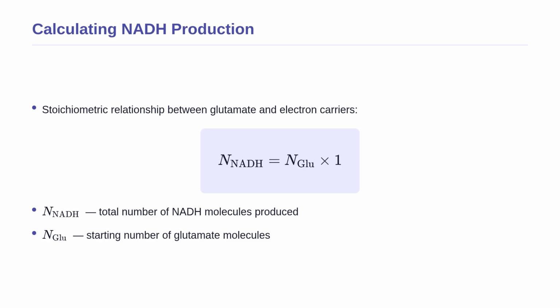NADH represents the total number of NADH molecules produced. N-glu represents the starting number of glutamate molecules. Because the chemical ratio is exactly 1:1, we simply multiply the starting amount by the constant 1. If the starting amount of glutamate increases, the production of these high-energy electron carriers will increase in direct proportion.